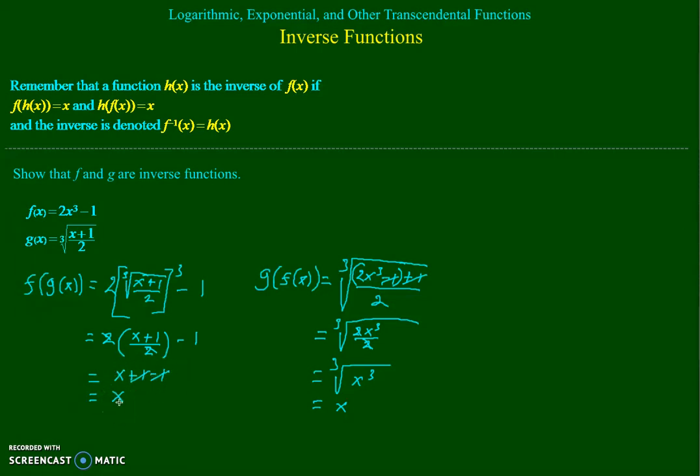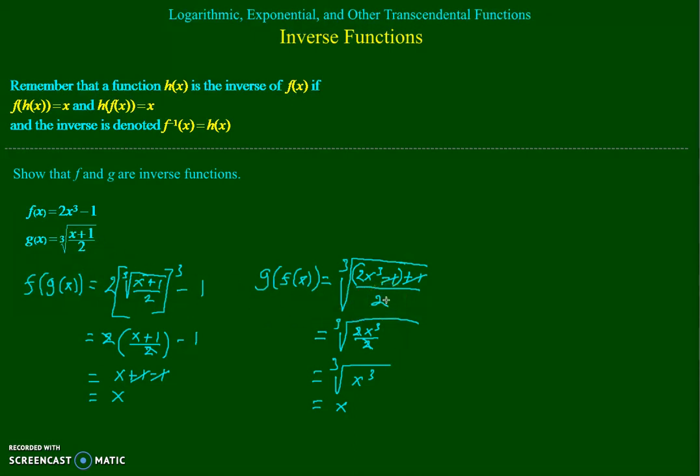Then on the other side, we have g of f of x. So we start out with the cube root of, wherever there's an x, we're going to put this function in. So that x is being replaced by 2x cubed minus 1. So 2x cubed minus 1 plus 1, divided by 2.